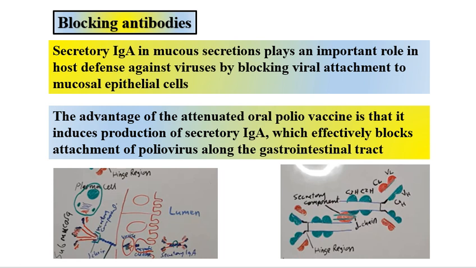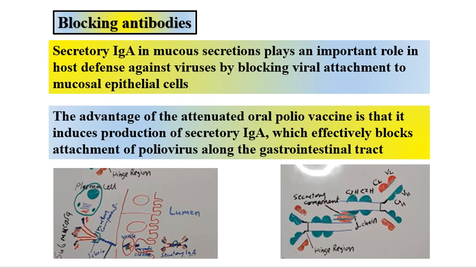In the gastrointestinal tract, a very important antibody secreted is secretory IgA. It is in all mucus secretions and plays a very important role in protection of the mucous membranes all over the body.